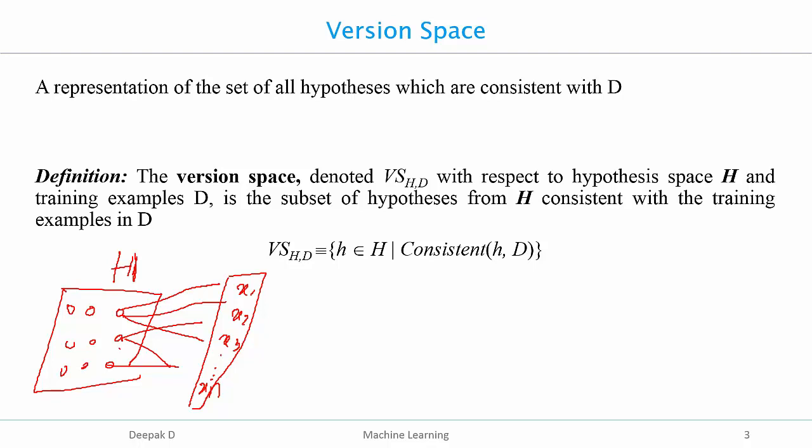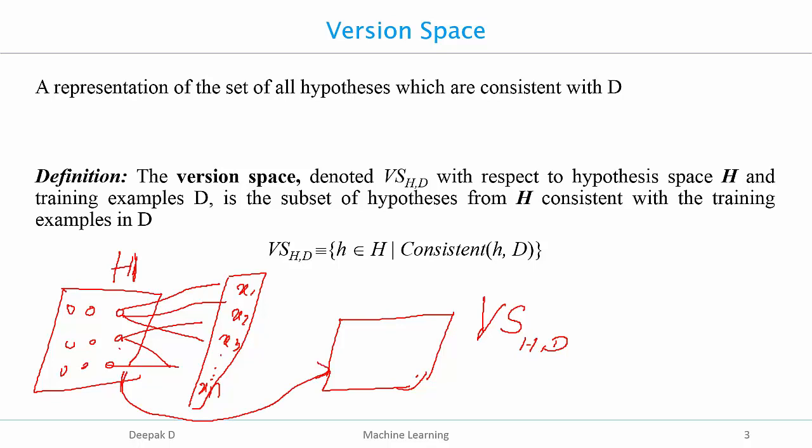Version space is denoted as VS with the subscript H comma D. This version space consists of the subset of all the hypotheses in H. It is called the version space with respect to the hypothesis space H and the training examples D, because it contains all the possible versions of the target concept.